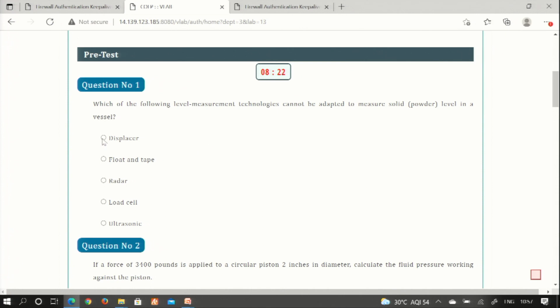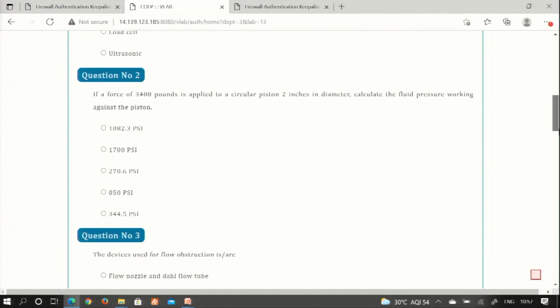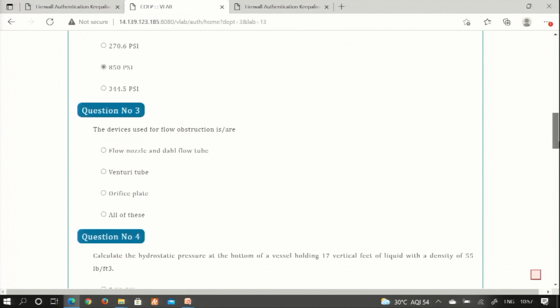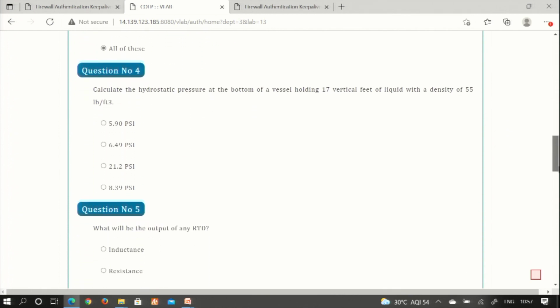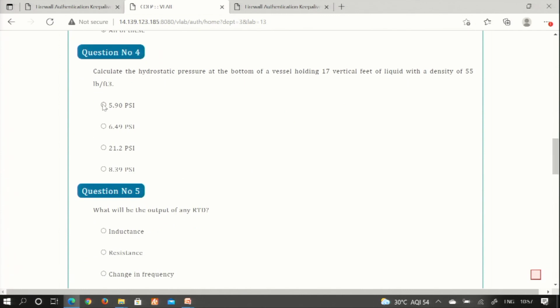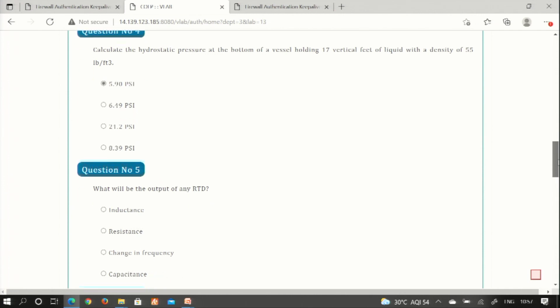For example, now I am going to appear for this test and I will give some answers as if I am a student, I have understood something, I have not understood something. I am not an expert, I am just giving you a demonstration. As I have told you, these questions would come from the question bank, and this question bank is so huge that the repetition of questions will not be there.